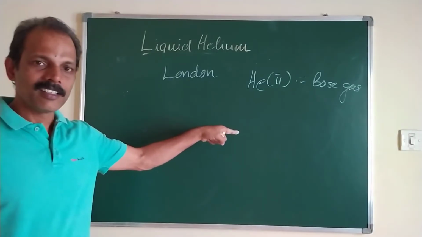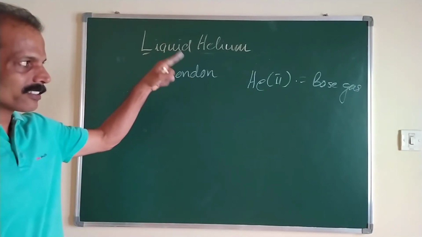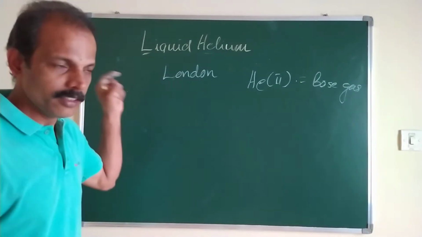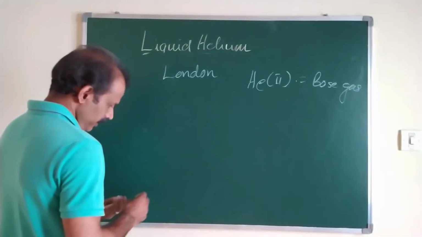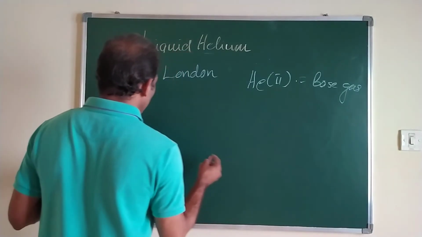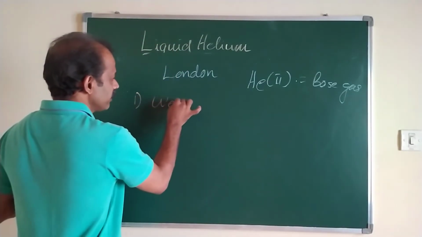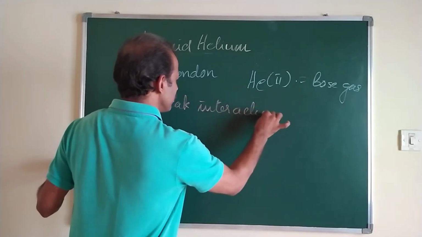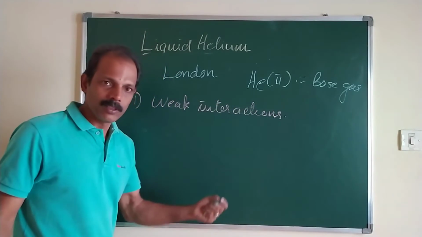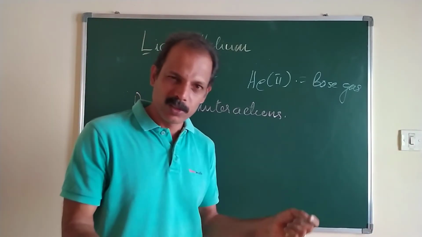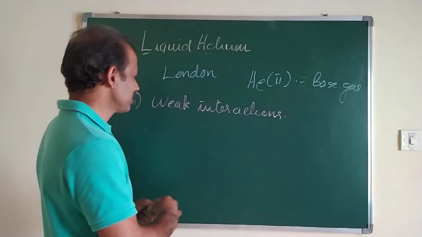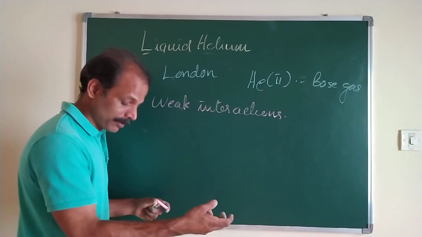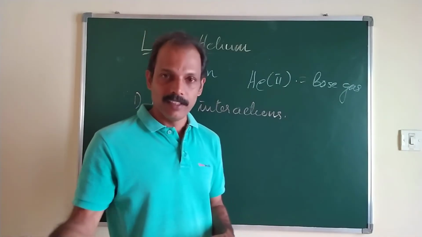So it obeys Bose-Einstein statistics and undergoes Bose-Einstein condensation at lower temperature. Why does this show superfluidity? Because of weak interaction between the atoms. We know helium is a noble gas. There is no interaction between them, so each atom can move without the influence of other atoms.